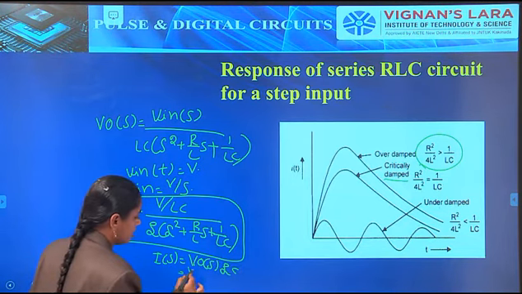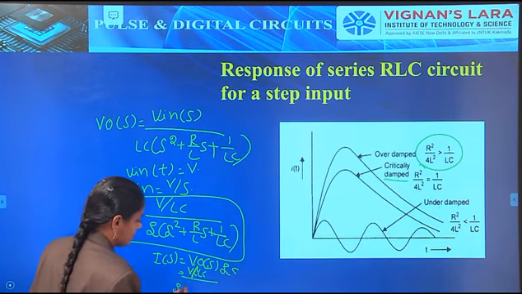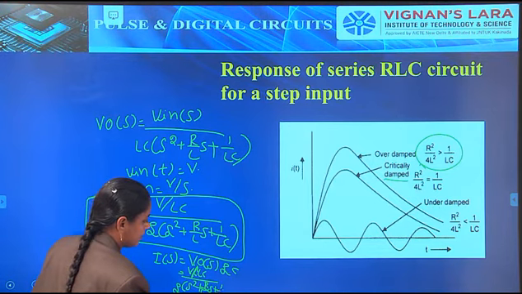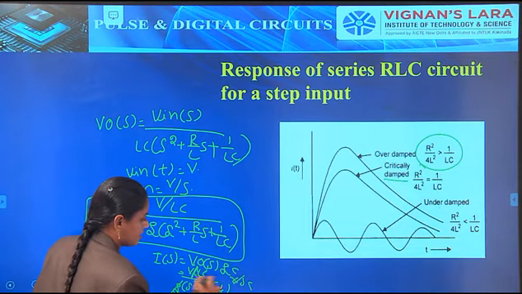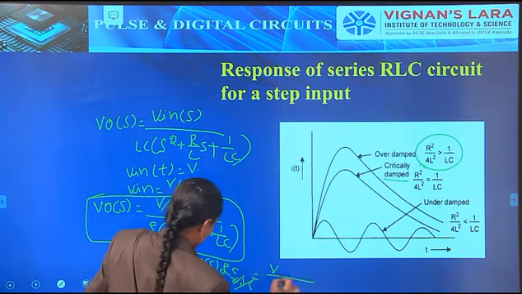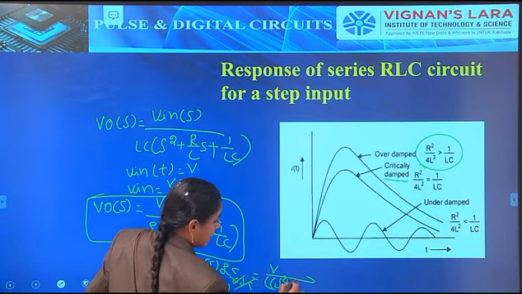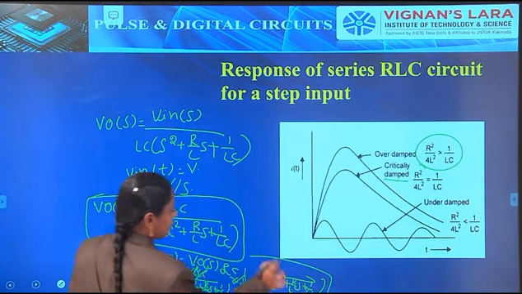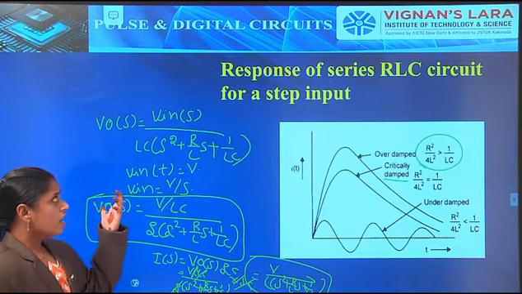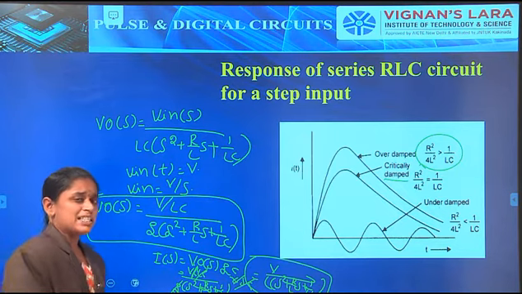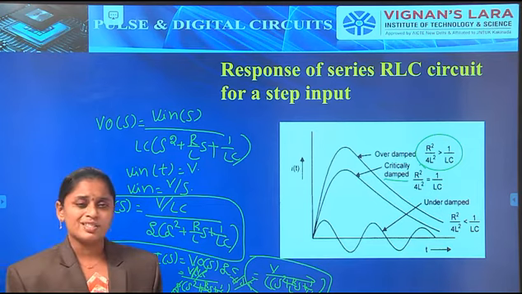That is V by LC over S square plus R by LS plus 1 by LC, and here S into SC. Then S and S cancel, and C and C cancel, so the equation is V by L over S square plus R by LS plus 1 by LC. So this is the value of I naught of S. This is the response of the RLC circuit to the step input.